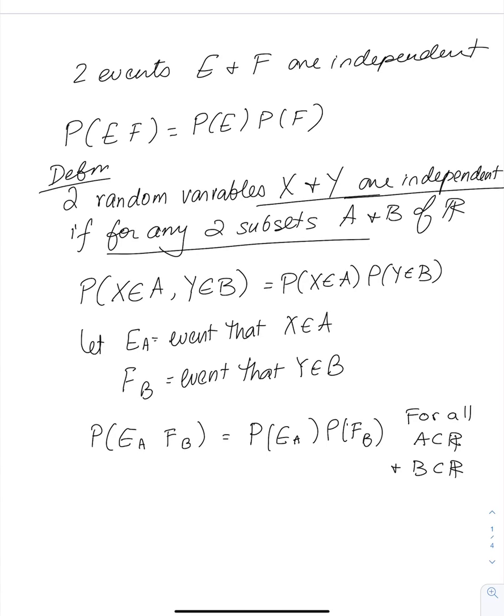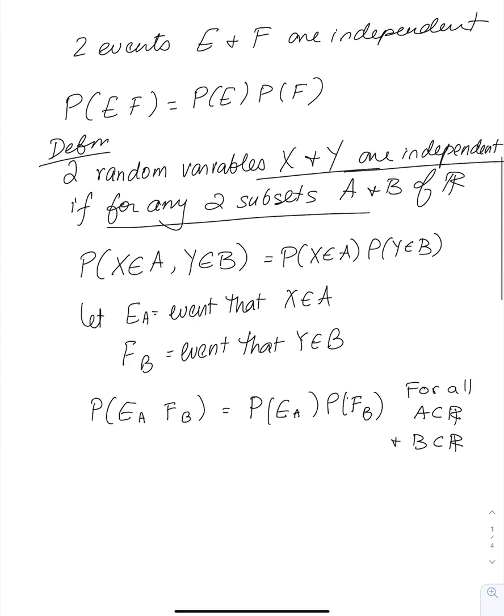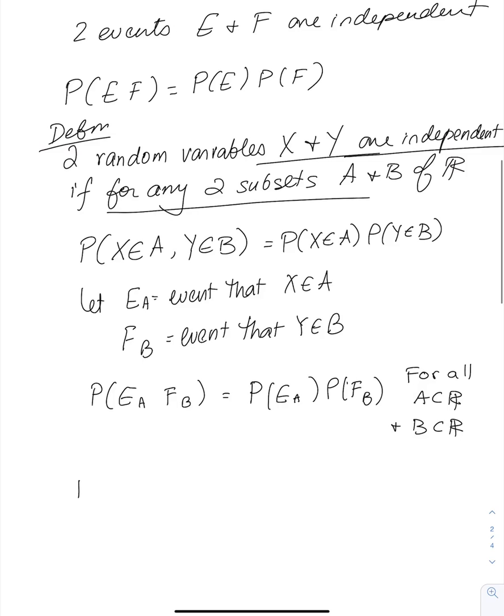All right. So a few trivial consequences of this. For example, consider F of A comma B, where F is the joint CDF of x comma y.